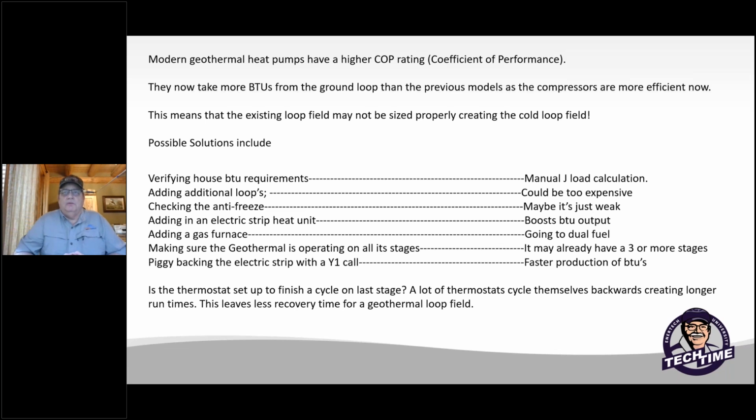We assume a replacement 5-ton has an adequate 5-ton loop field, but if you don't know for sure, it could be 600-foot loops instead of 800s in the northern hemisphere. If you do a like-for-like replacement, the new heat pump takes more BTUs out of the ground, and when we have abnormally colder temperatures, this creates problems.